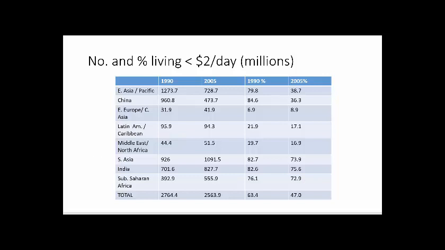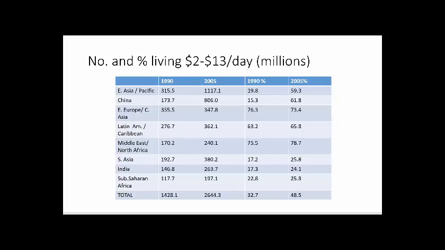We can look at similar data for those living between $2 and $13 a day. And again, it shows that these are folks who are doing slightly better than the extreme poverty, but not rich by any stretch of the imagination. In India, that number increased from 17% to 26%.